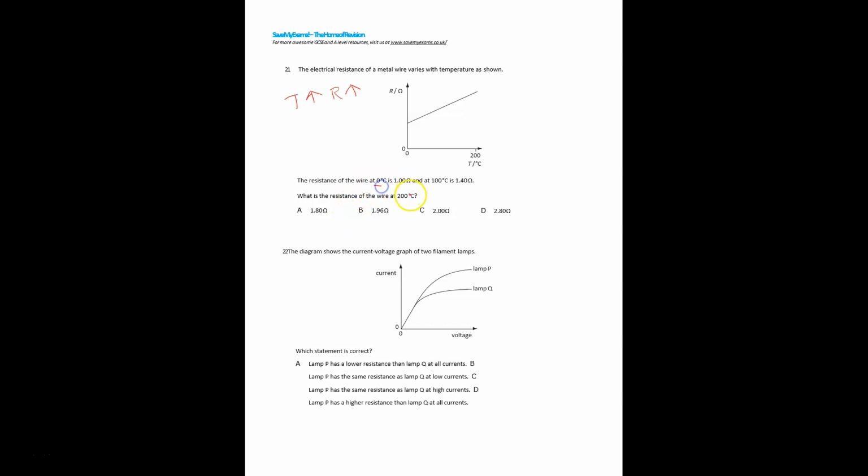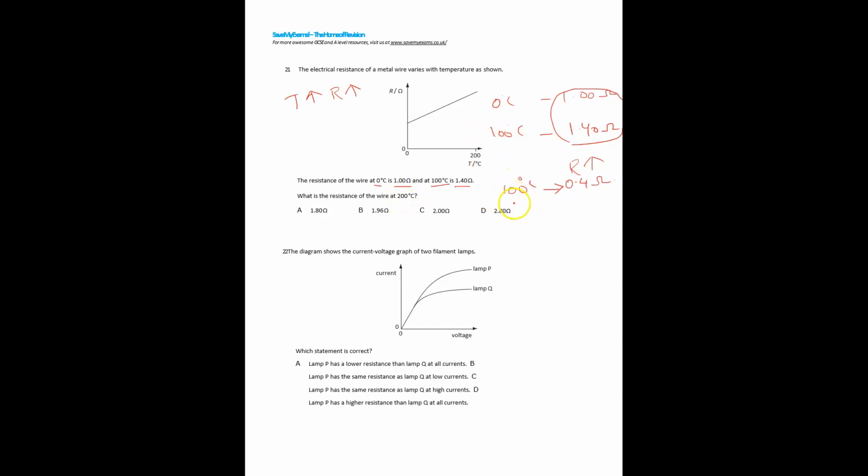At 0 degrees Celsius, the resistance is 1 ohm, and at 100 degrees Celsius, the resistance is 1.40 ohm. What is the difference? For every 100 degrees Celsius, it is 0.4. The resistance is increased by 0.4. So the question is, what is the resistance of the wire at 200 degrees Celsius?